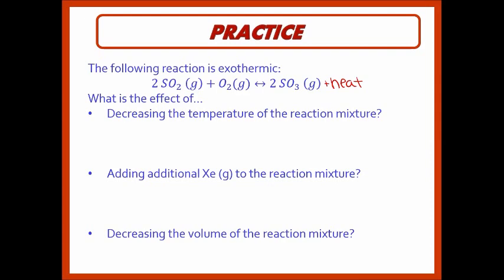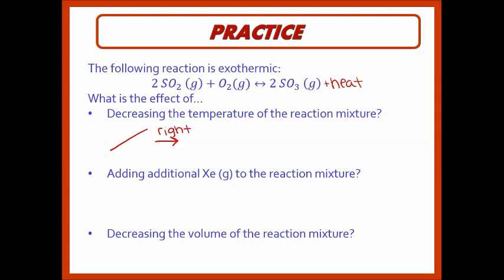Now, if we decrease the temperature, this means that we're going to be reducing the amount of product that is in the system, and in order to counteract this, we're going to have to increase the amount of product that's in the system by shifting the reaction to the right. Now remember, in this situation, we're also going to have an effect on the actual equilibrium constant.